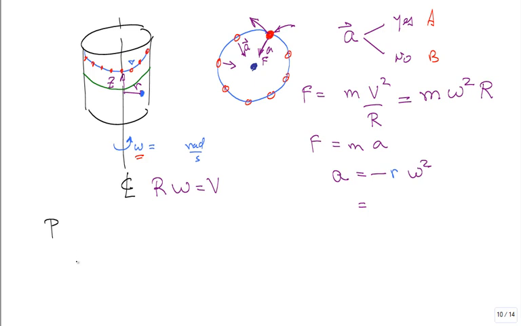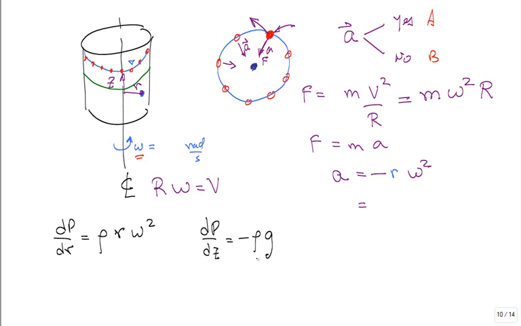Let me see if I can draw this out. Because what we have is the change in the pressure with respect to r is equal to the density, the mass density, times r times omega squared. And we still have dp/dz equal to minus rho g.